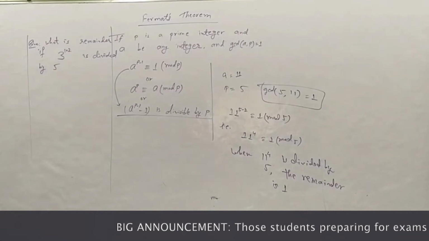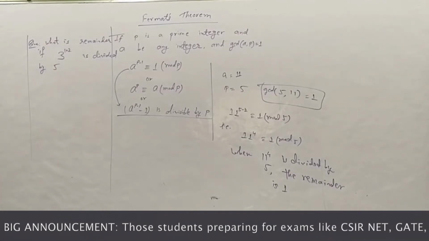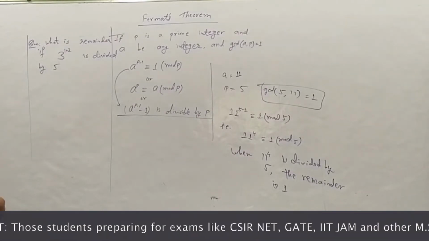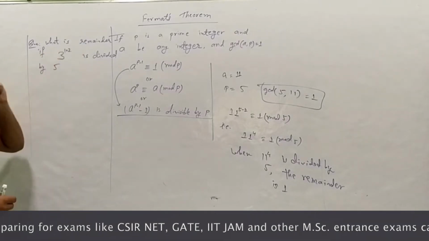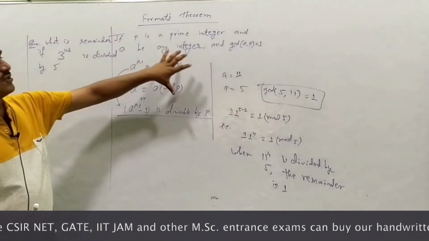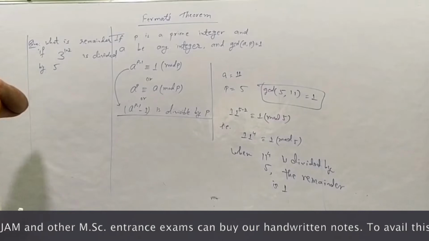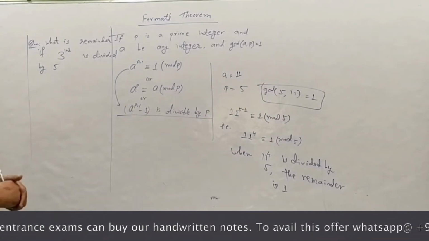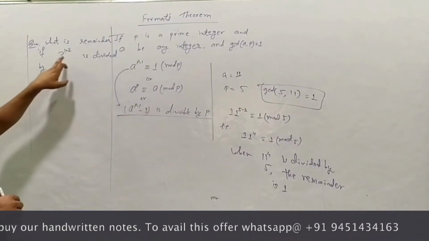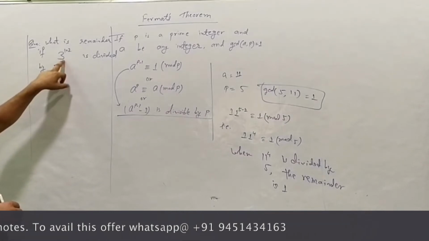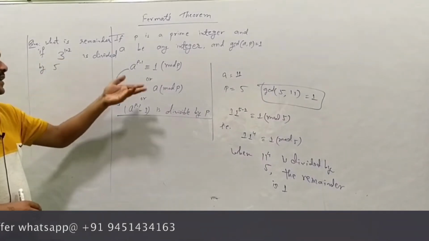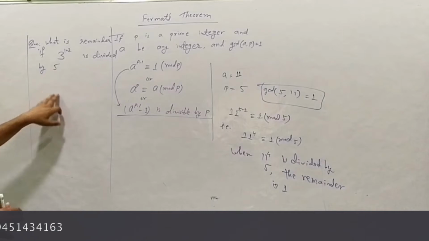We have to find the remainder. So by using this theorem we easily see that in place of a we take 3 and in place of p we take 5.